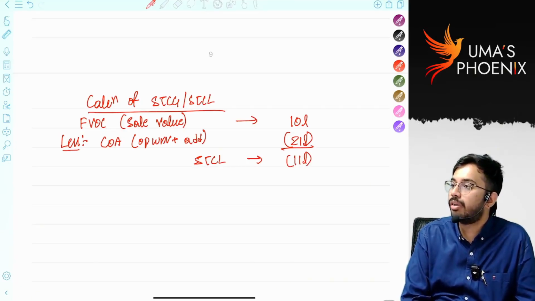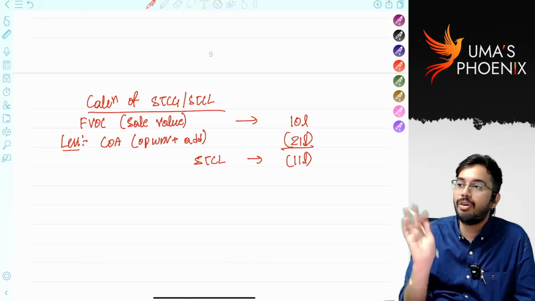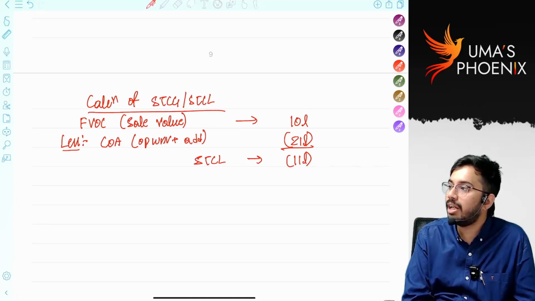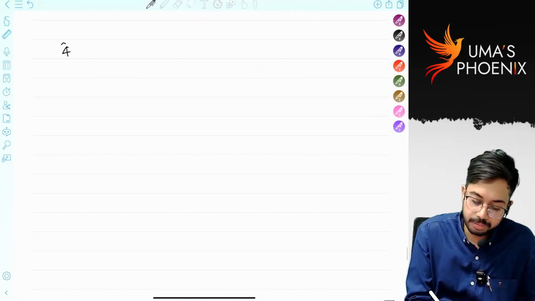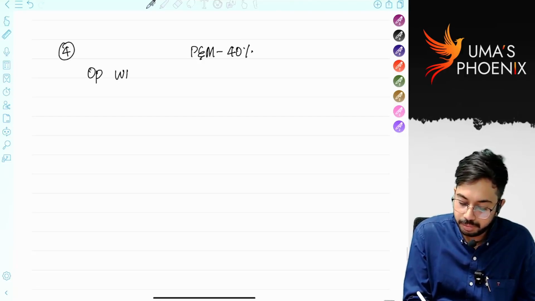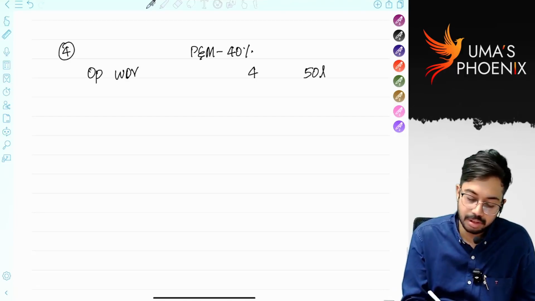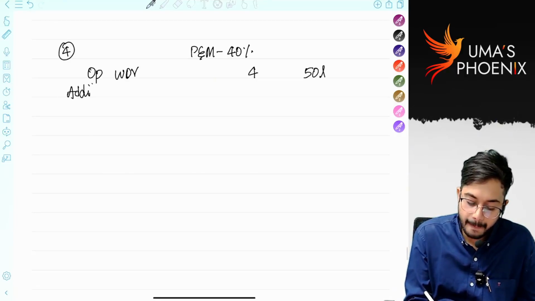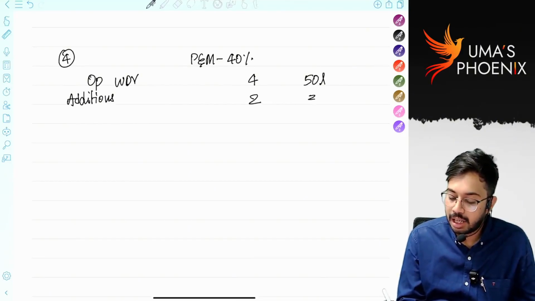Shall I discuss fourth case? Everybody, in fourth case, there are no assets and block is also not having positive value, correct? Case 4. Plant and machinery 40% block. Opening written down value, 4 assets 50 lakhs. Additions, 2 additions 30 lakhs.